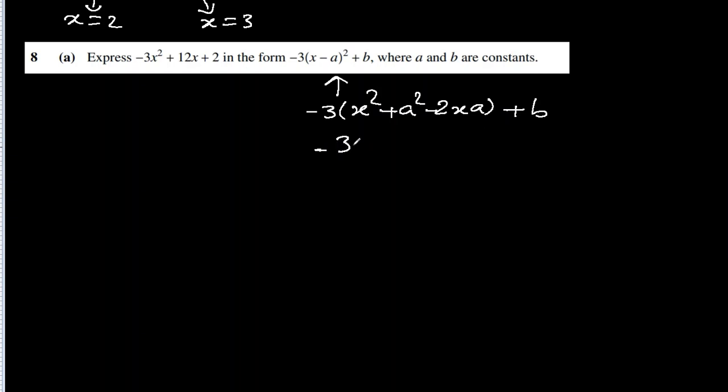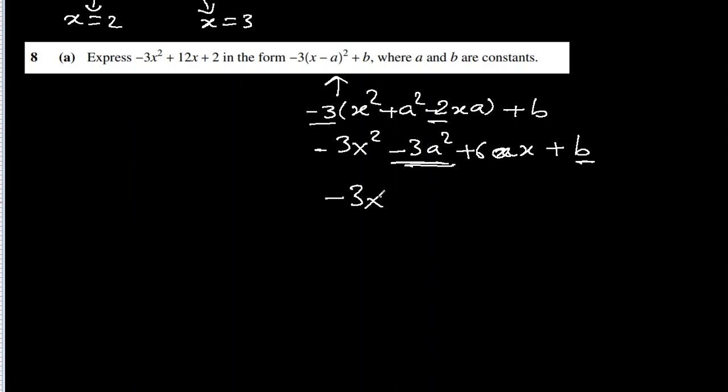So if I expand the bracket now, it becomes minus 3x square minus 3a square plus minus 3 times minus 2 is plus 6xa, rather let me write ax, and finally we have b outside. All right, so this is a constant because a and b are constants. So this is a constant, this is a constant. Let's put them together. So finally we'll write minus 3x square plus 6ax minus 3a square plus b, right?